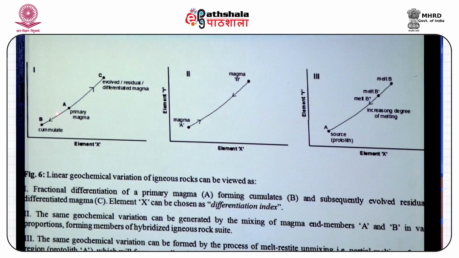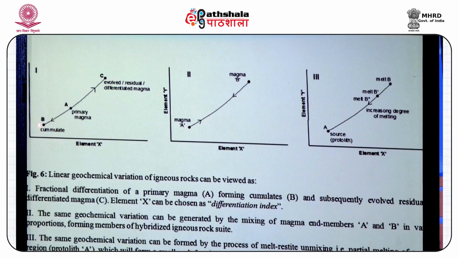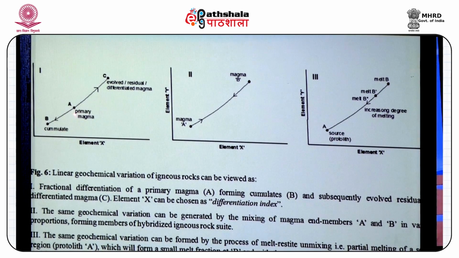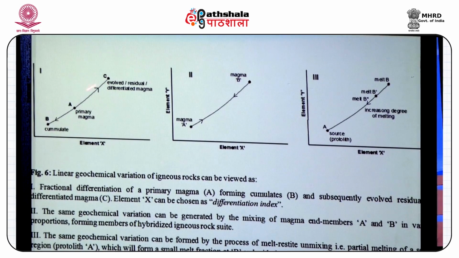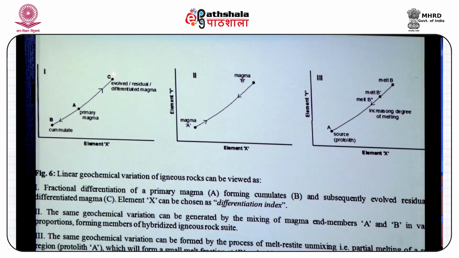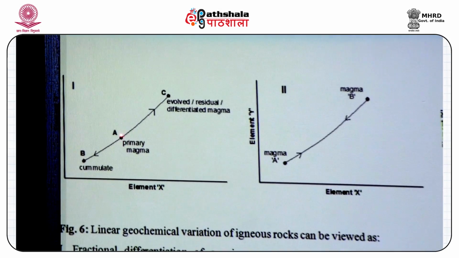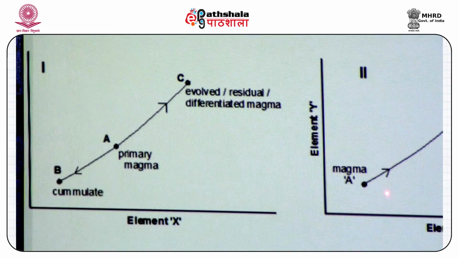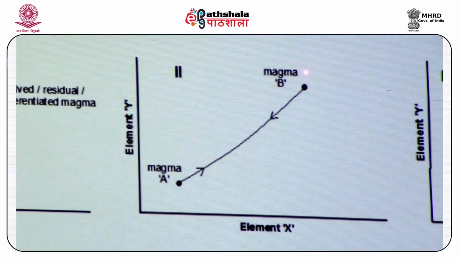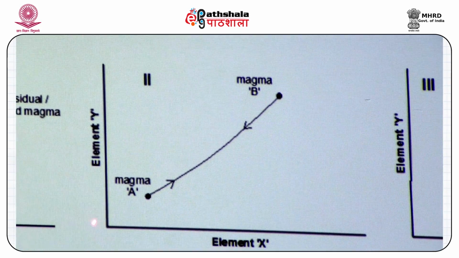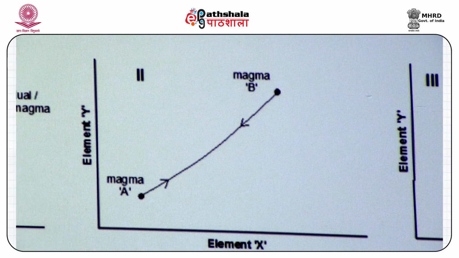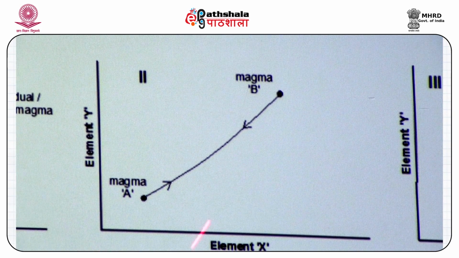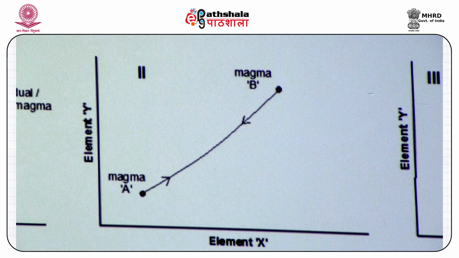When you fractionate out the crystals, the composition of magma will go towards C. So this is how it is compensated. If you mix C and B, you will come to the composition of A. Similarly, you can have two magmas which mix and come to a third composition. This is known as magma mixing.